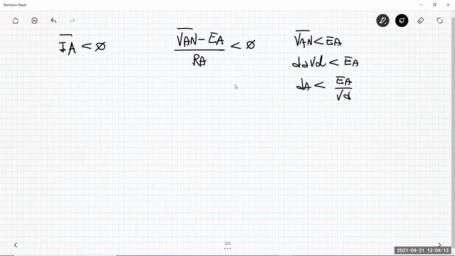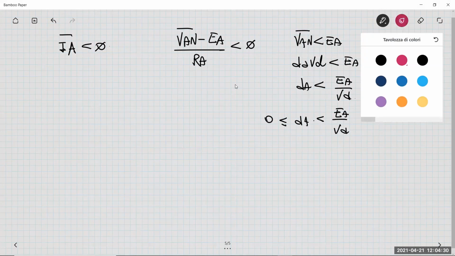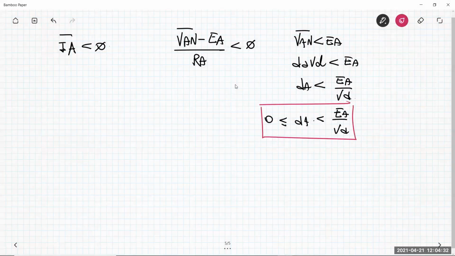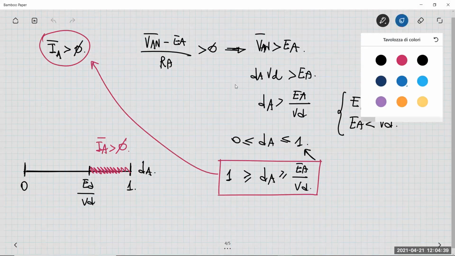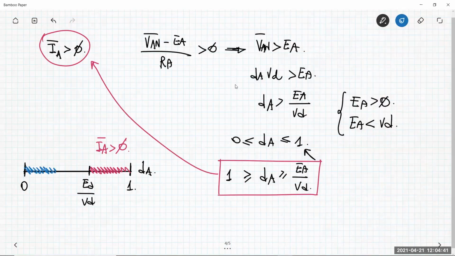Again, the duty cycle goes from 0 to 1, so it means that the duty cycle should be higher than 0 and less than EA over VD. This is the situation that leads to a negative current. And so, for example, if the duty cycle is in this interval, then the current average is null.